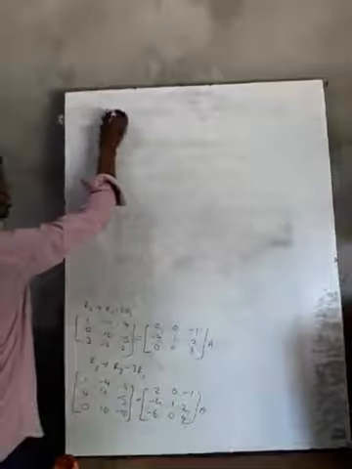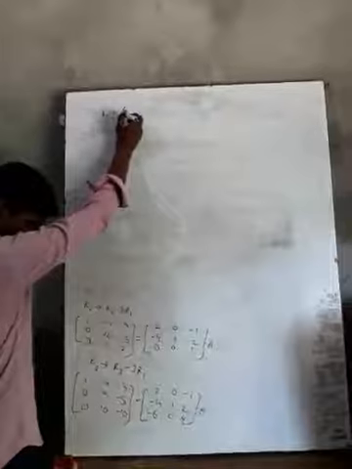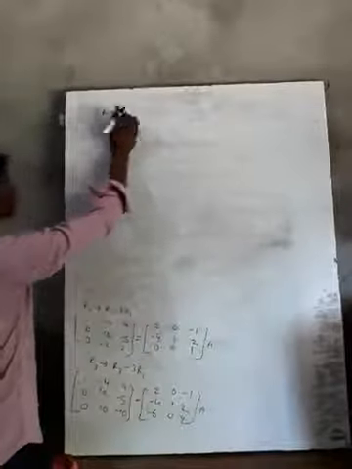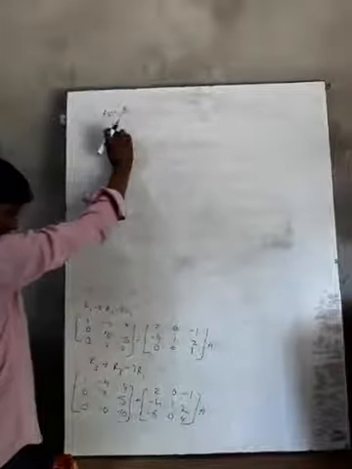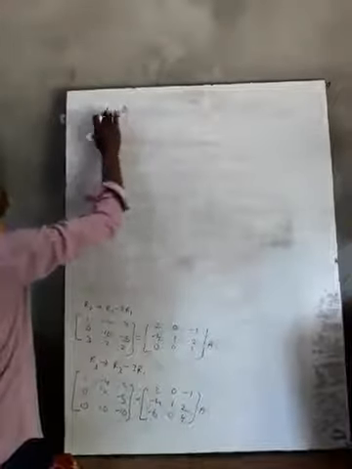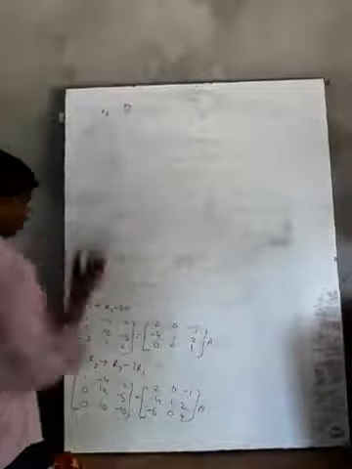Okay, R1 will change as R1 upon 4, R2 will change as R2 upon 5, and R3 will change as R3 upon 10.